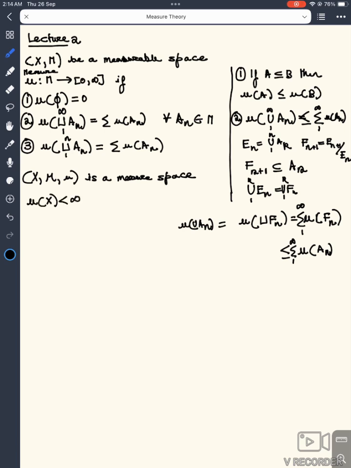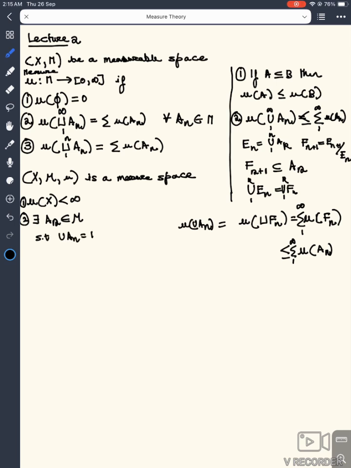If the measure of the whole set is finite, then it is called a finite measure space. What is an example of a finite measure space? Well, we will give an example of a finite measure space. And this is an example of sigma-finite. Sigma-finite means it's not finite but as good as it.